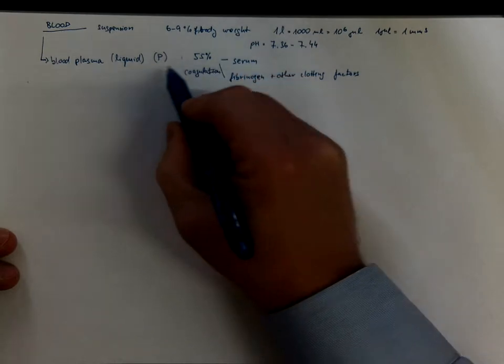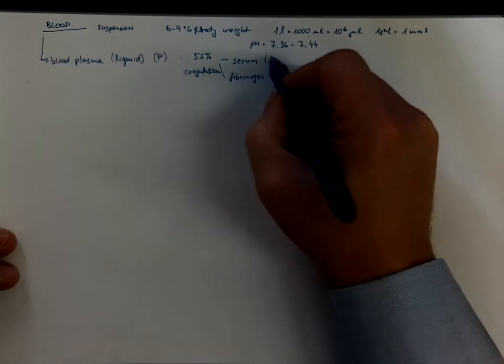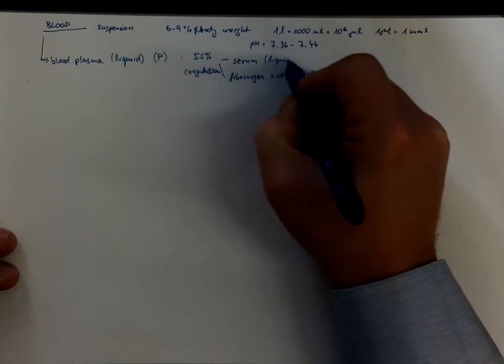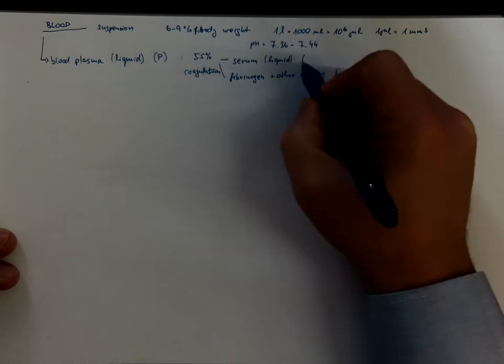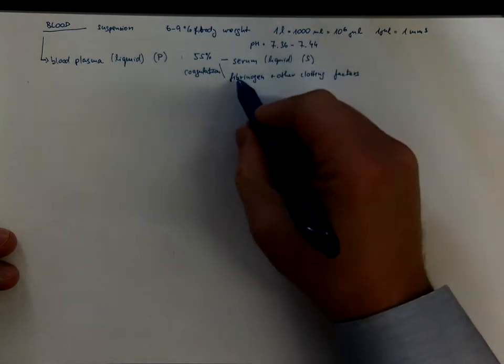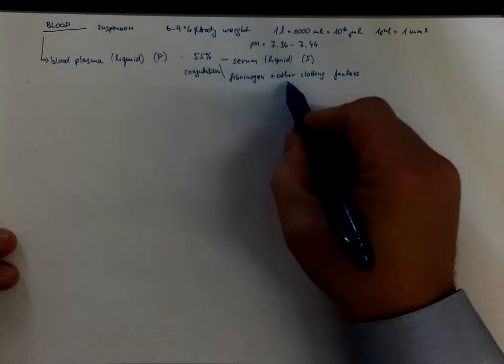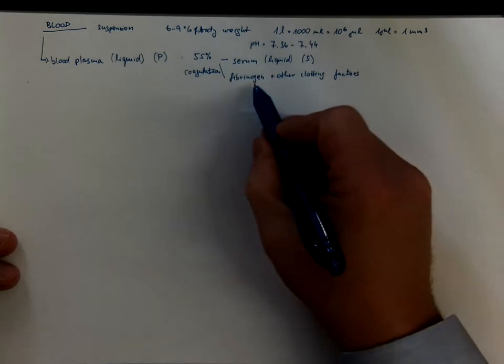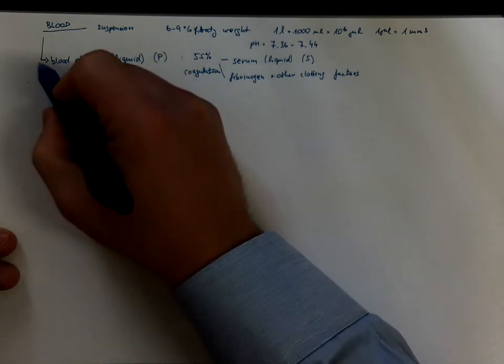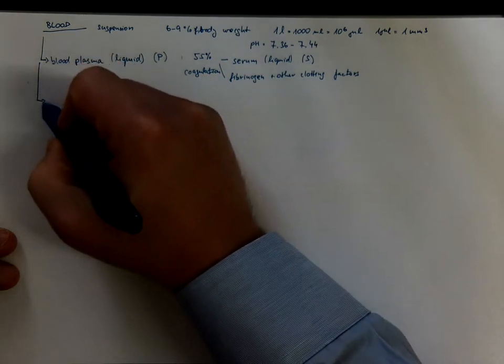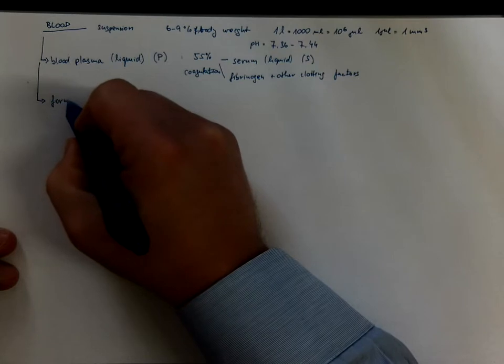So if you let the plasma coagulate, the liquid part that remains would be the serum, often abbreviated as S, but it will be without these clotting factors consumed during coagulation. And then we go with the formed blood elements.